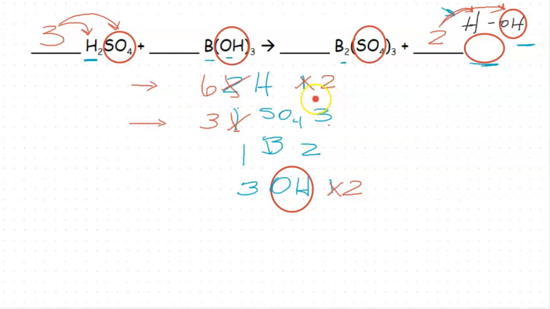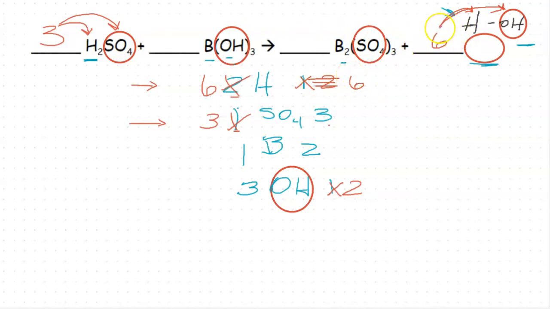So what I can easily do, I don't want to put a 3 in front because I do need to make this a 6, but because it's a 2 coefficient and I have a 2 here, I'm just simply going to change that from a 2 into the 6 that I need. So I'm going to make this a 6, and that means I now have 6 hydrogens on the left.